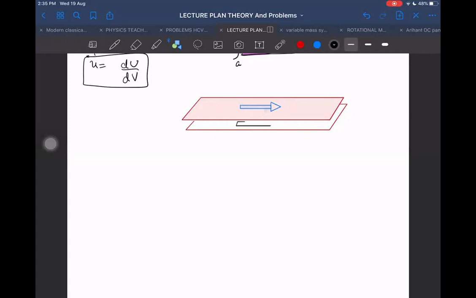Magnitude wise, the current is the same. Again, infinite, and the width of this is b, but the length is infinite. It goes up to infinity.